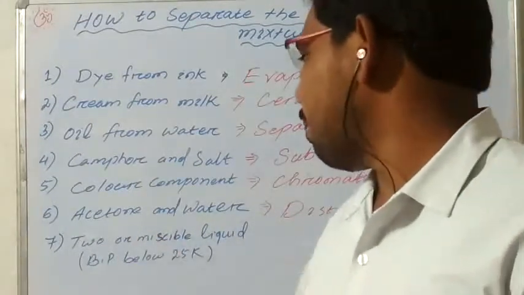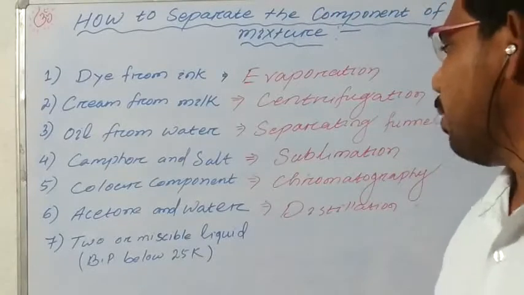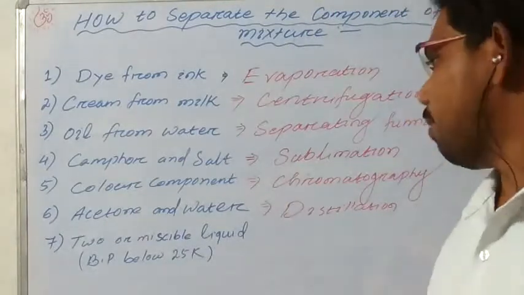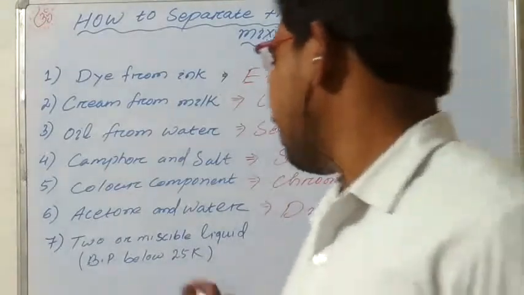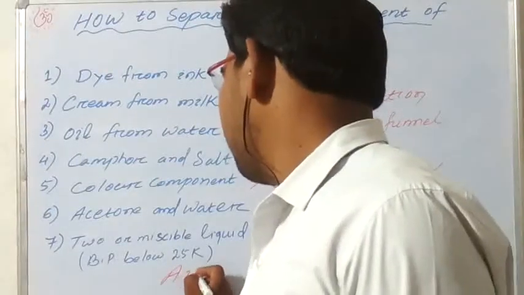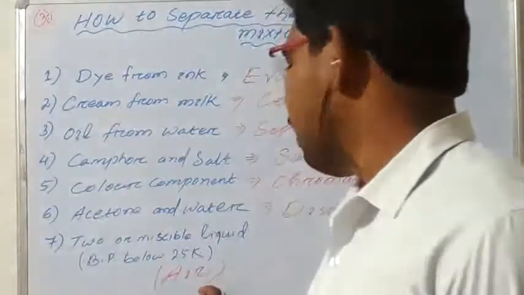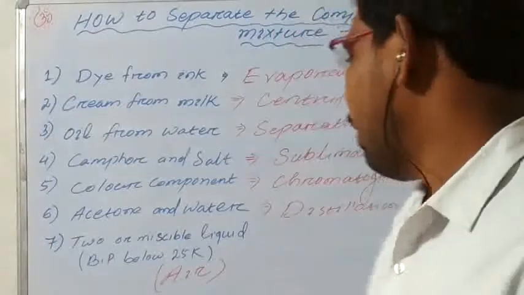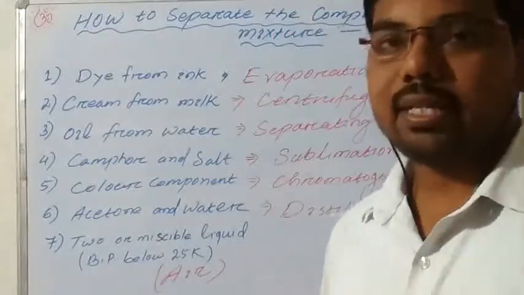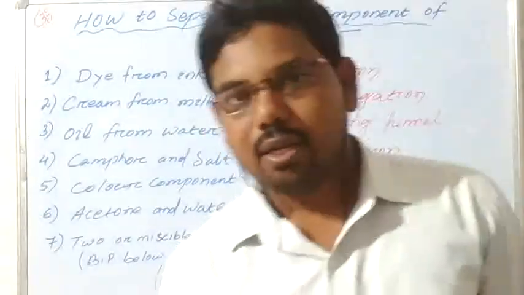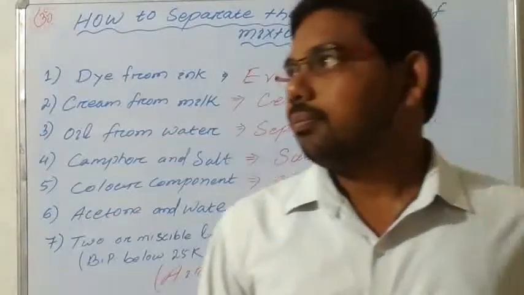Next, the separation of miscible liquids whose boiling points are close together, for example air. In air we condense and change it into liquid form, and in air many gases are present, like oxygen, hydrogen and nitrogen.